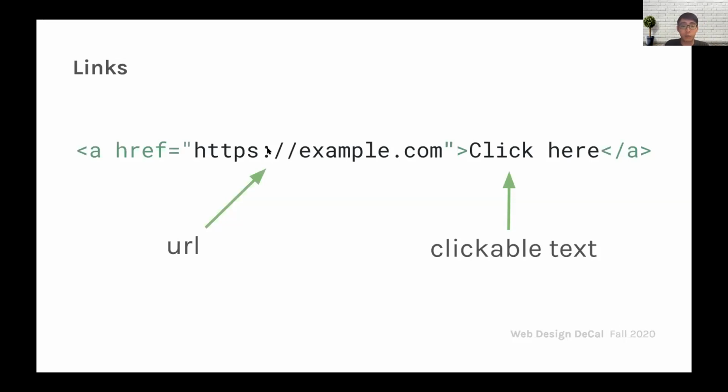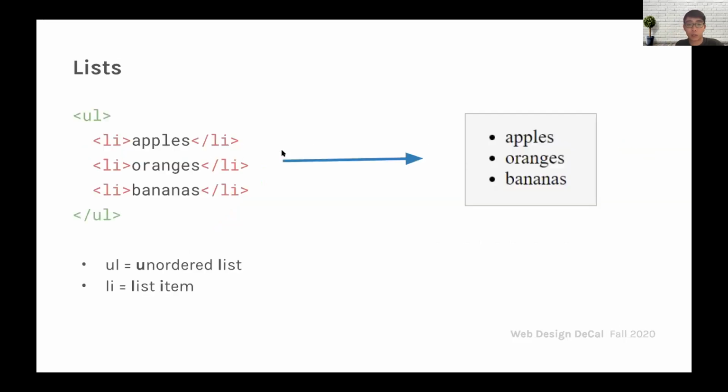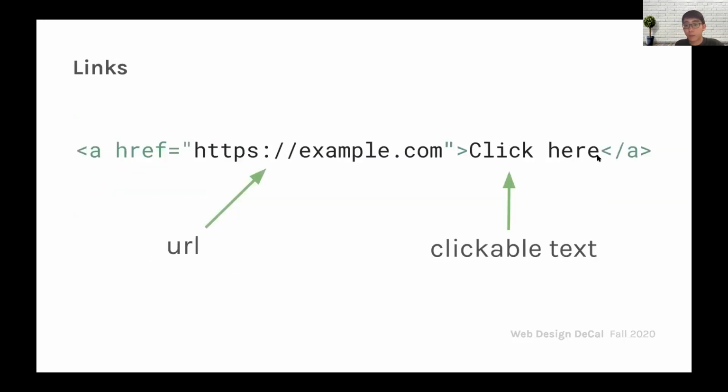Otherwise, your browser will think it's the same page, and I won't go into what happens, but if you want to experiment on your own time, it's like 2 seconds. You'll see exactly why this won't work if we leave out this https portion. And then also click here. This is what we actually see when we click. So we click here and it'll send us to example.com.